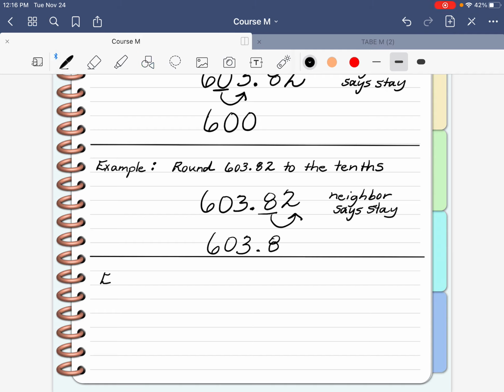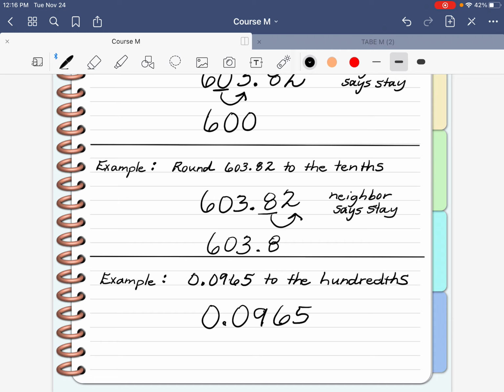And then one more. Let's round 965 ten-thousandths to the hundredths place. Oh, this is an interesting one. So here's the hundredths, and the neighbor says round up.